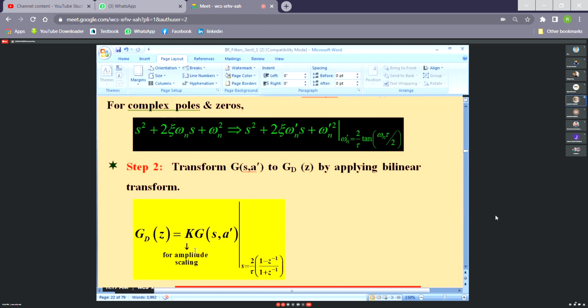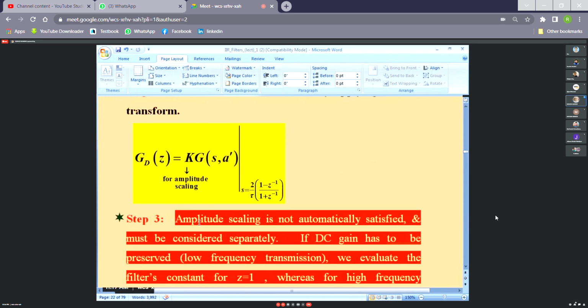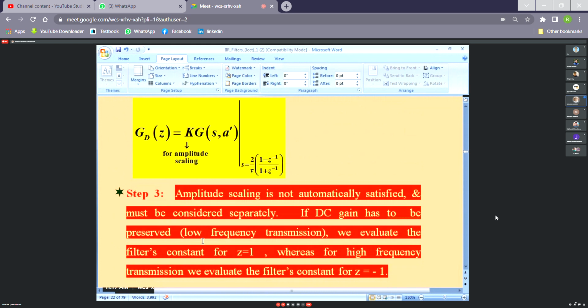So you have to introduce a scaling constant K to preserve either the DC gain or the high frequency gain, as the case may be. That's what I have written down in this step 3. Amplitude scaling is not automatically satisfied and must be considered separately.